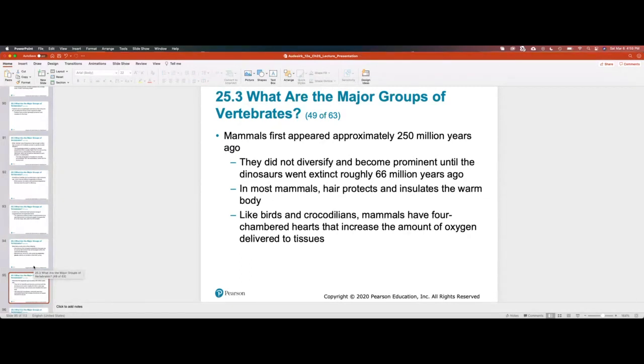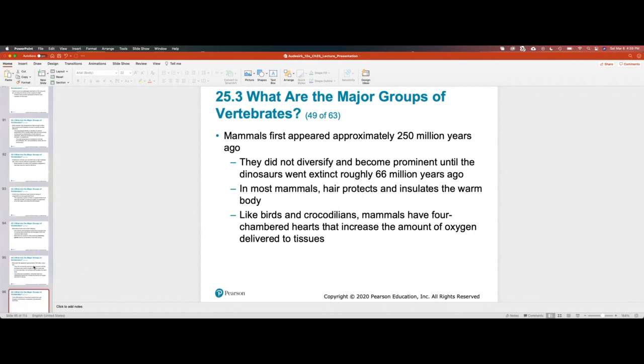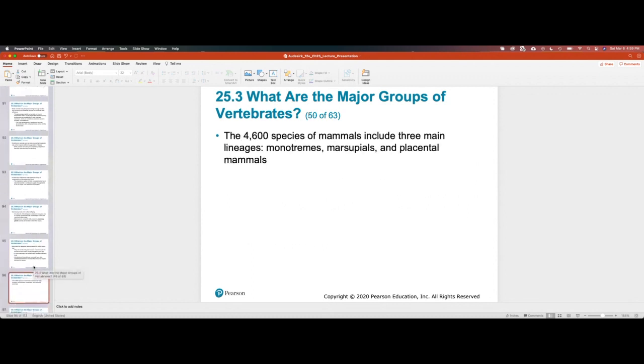That didn't really happen until after the dinosaurs became extinct. Presumably the dinosaurs, as actual predators, created selective evolutionary pressure on mammals, not allowing them to diversify into the full set we see today.